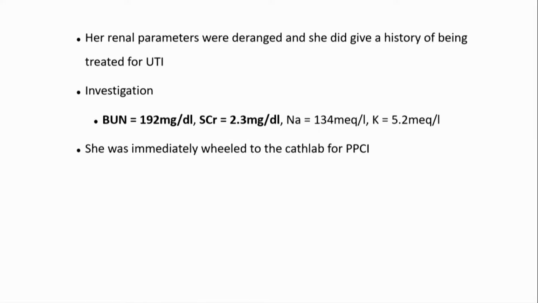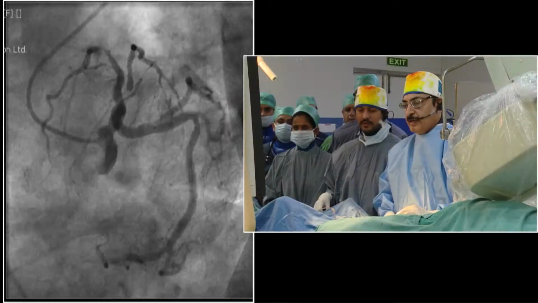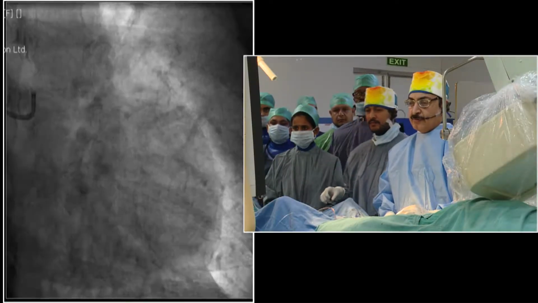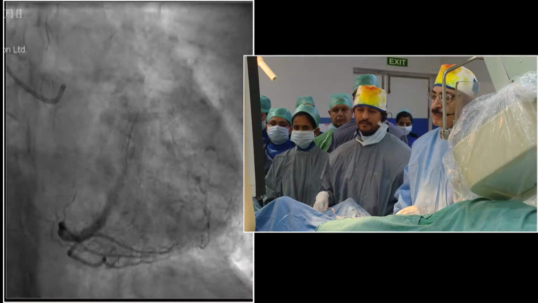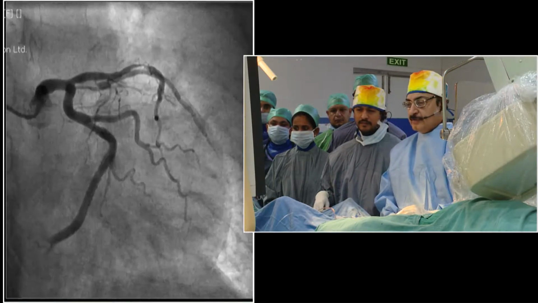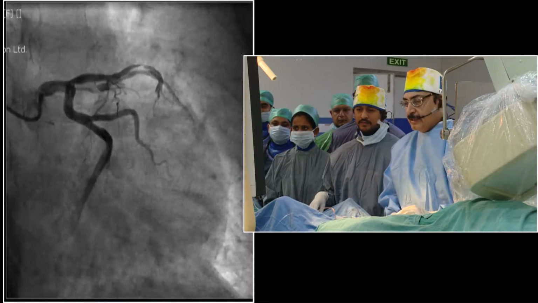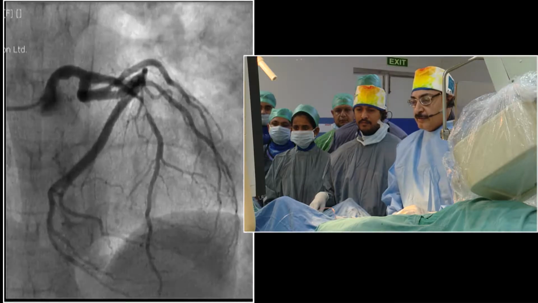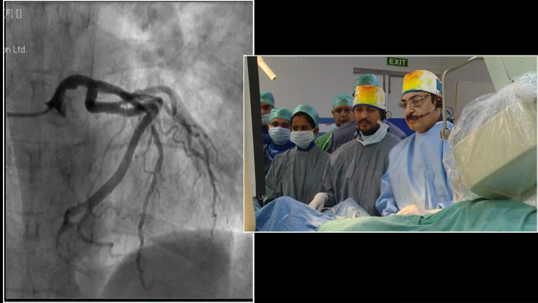Next slide. And what we see on the angio, which I'll be showing you right now, is a left main which is about 20-30%, and an ostial LAD which is also 20-30%. There is a very tight high-grade stenosis of the mid LAD, and there is a very tortuous diagonal, which originates from the proximal LAD.